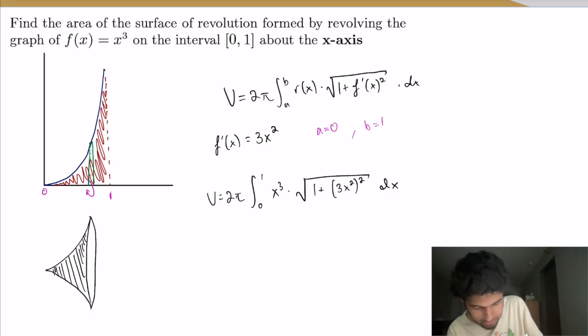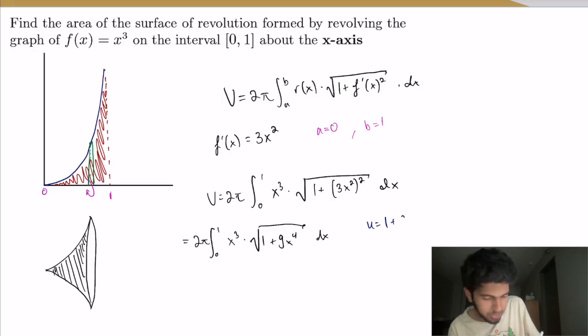So we can solve this. This is 2 pi integral from 0 to 1 of x cubed times square root of 1 plus 9x to the 4th dx. Let's use some u substitution. u is equal to 1 plus 9x to the 4th. du is equal to 36x cubed dx.